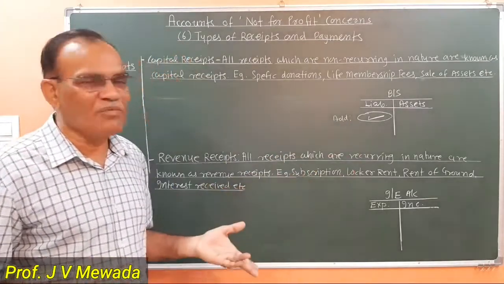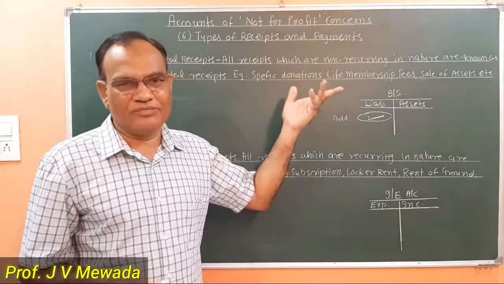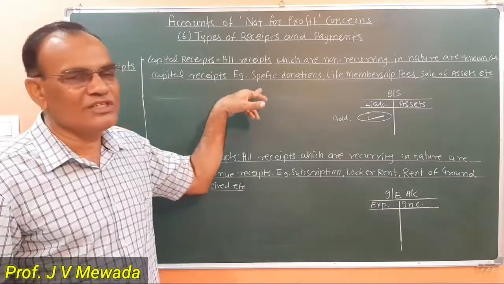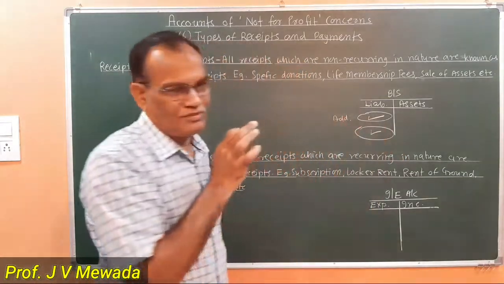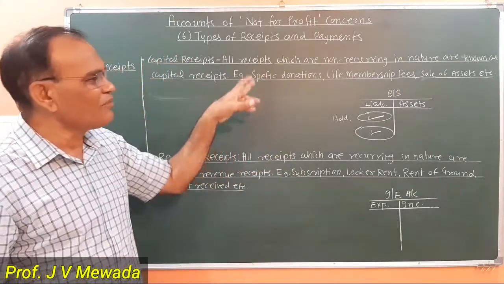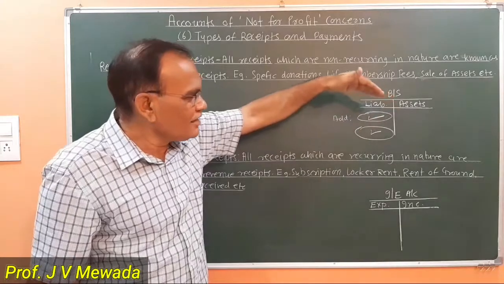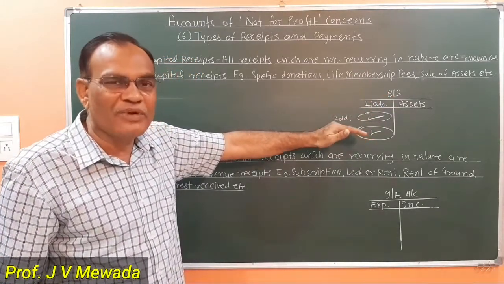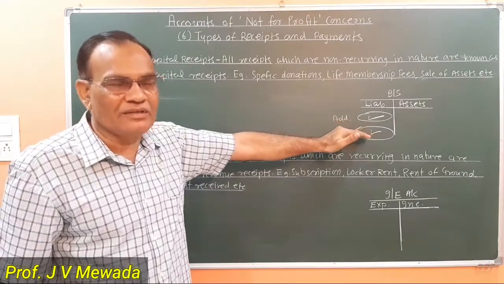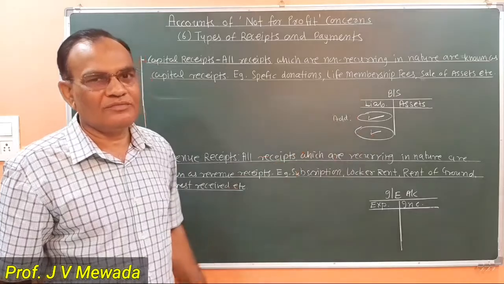Then we are given life membership, so we are directly going to add it because it is a part of the capital fund. Then we are given special donations, then we will write these items separately as a special donation. So where these receipts are appearing, they are appearing on the liability side of the balance sheet. They are added to the capital fund, or they are shown separately under the separate heading: donation for building, building fund; donation for library, library fund.